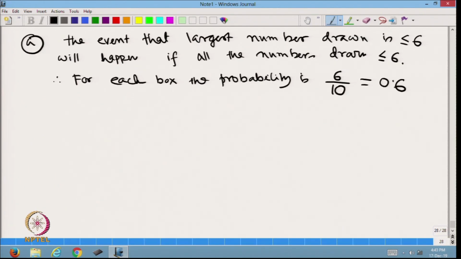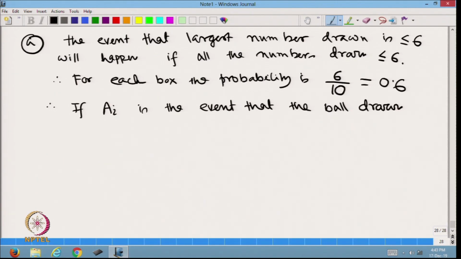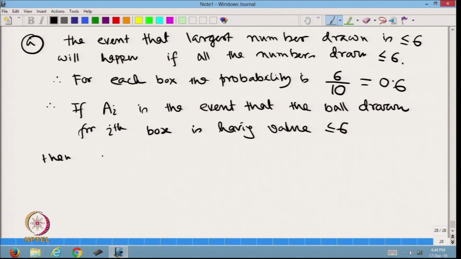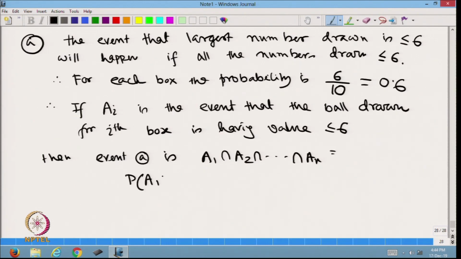Therefore, it is coming out to be 0.6. If Ai is the event that the ball drawn from the ith box has value less than equal to 6, then the event A is A1 intersection A2 intersection up to An, and because they are independent, this is going to be probability of A1 into probability of A2 up to probability of An, which is going to be 0.6 to the power n.